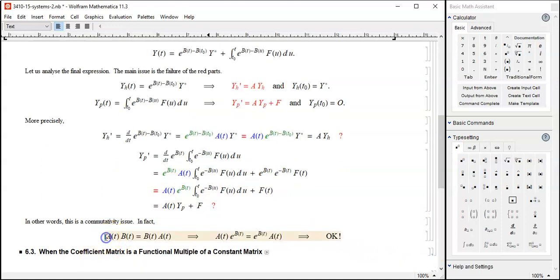So if I start from this new assumption, A and B commute, then no problem. Remember, A is the original coefficient matrix and capital B is the antiderivative matrix. So if the antiderivative matrix and the original commute, then no problem. In general, it doesn't work.